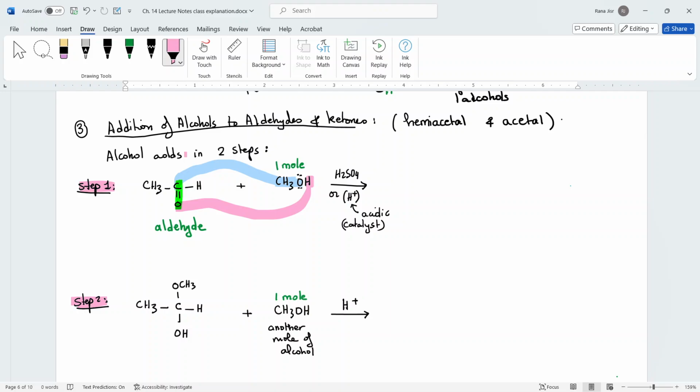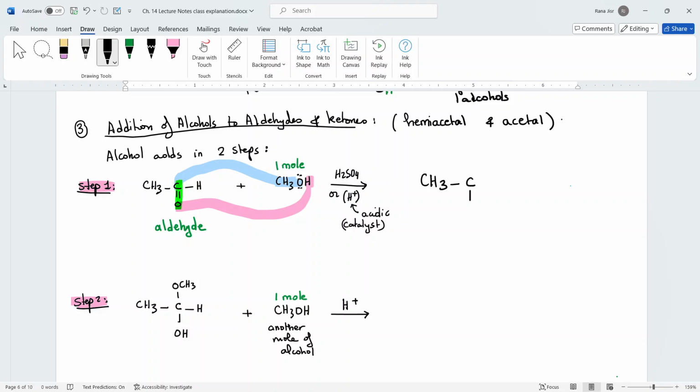As simple as that. And you're going to create what we know as an intermediate of the reaction. The intermediate is not the product, but it can be if you're just using 1 mole of the alcohol. You're not using more than that. So I need to specify for you how much you are using of your reagent, because the alcohol is the reagent and the starting material is the aldehyde.